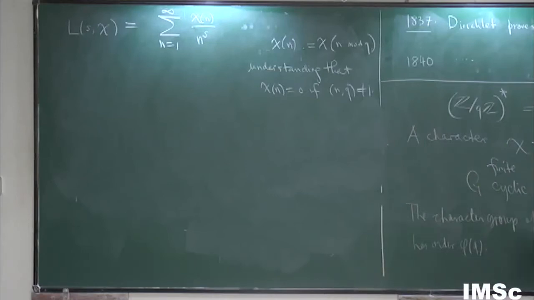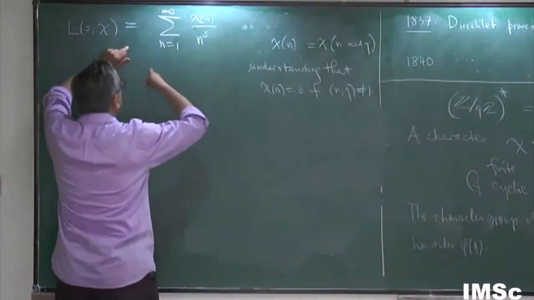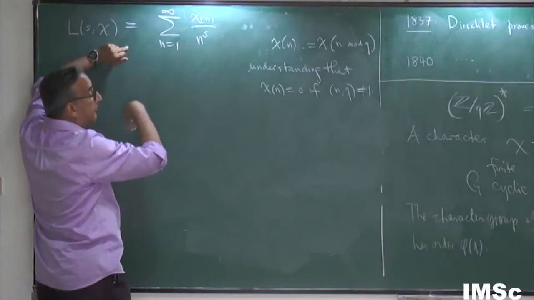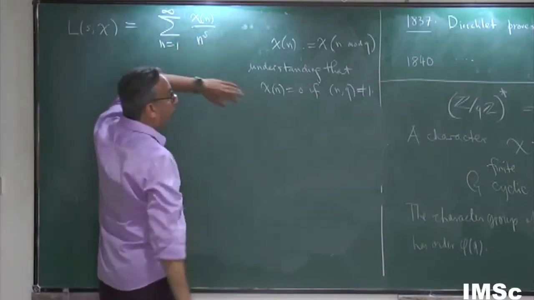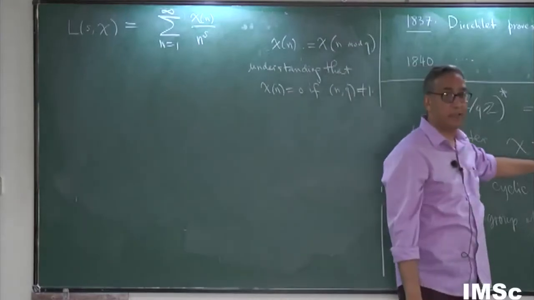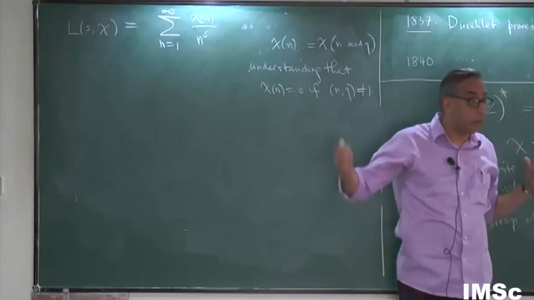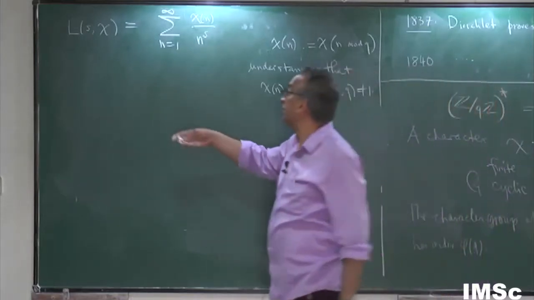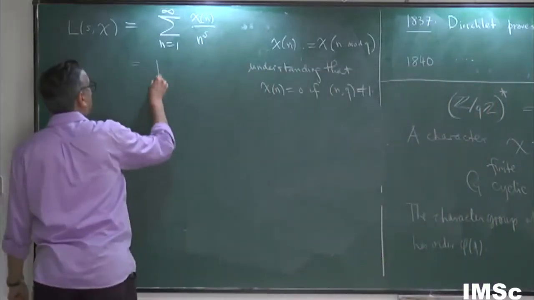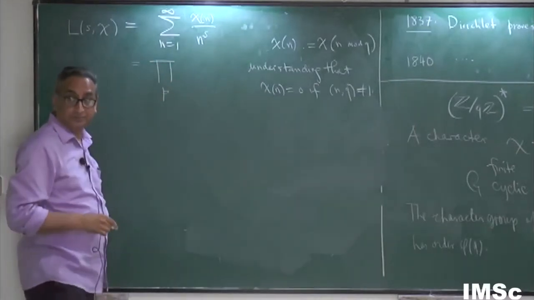The point that I think Dirichlet noticed was that this thing has similar properties to the Riemann zeta function because chi is a homomorphism, and a small check that you have to do is that since chi of n1 times chi of n2 is chi of n1 n2, it's a homomorphism, it's a multiplicative function, exactly. So you can write this as an Euler product as before, completely multiplicative function.